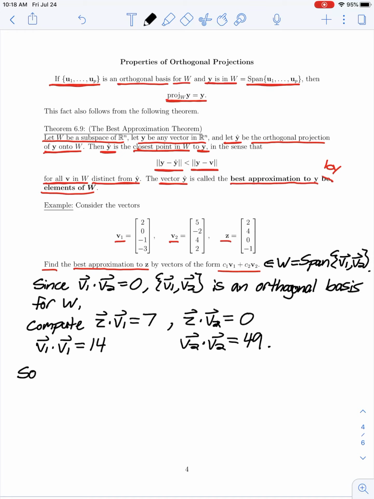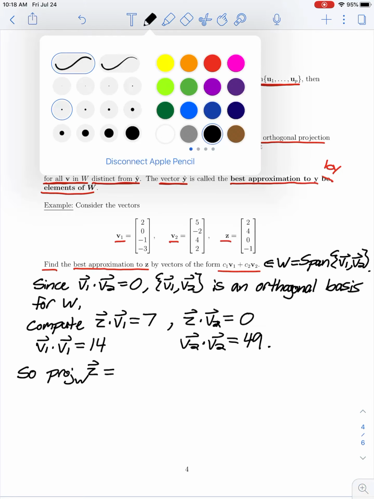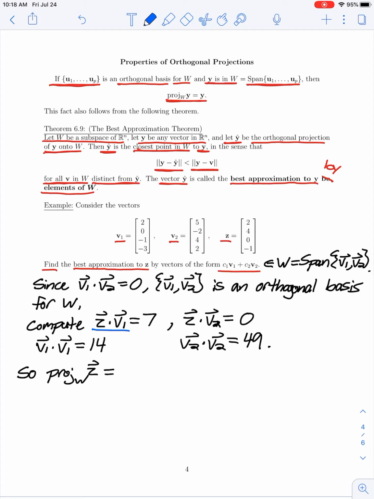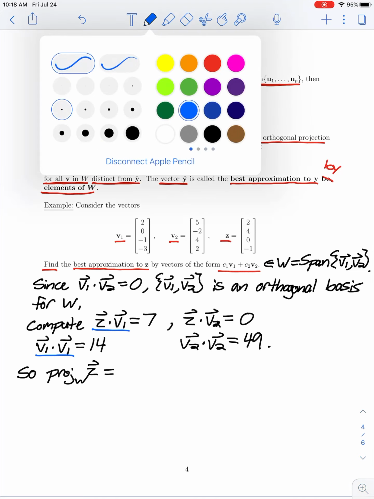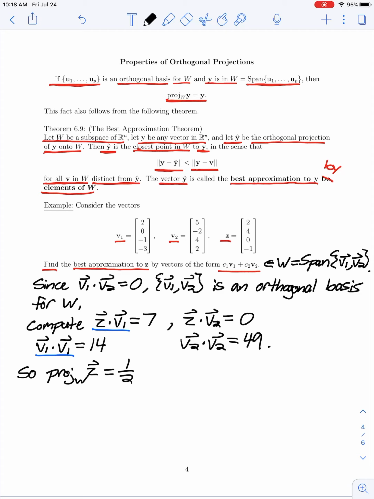So the orthogonal projection of our vector z onto the subspace W spanned by v1 and v2 is given by the ratio: our first weight is the dot product of z with v1 divided by the dot product of v1 with itself, so that is 7 over 14, or 1/2 of v1, plus our second weight, which is the dot product of z with v2 over the dot product of v2 with itself, so 0 over 49, which is 0 times v2.